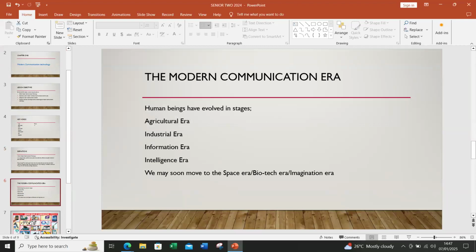How has communication evolved? We have moved through different stages of communication, where people had to move. If you lost someone, you had to move miles and miles to pass that piece of information to them.